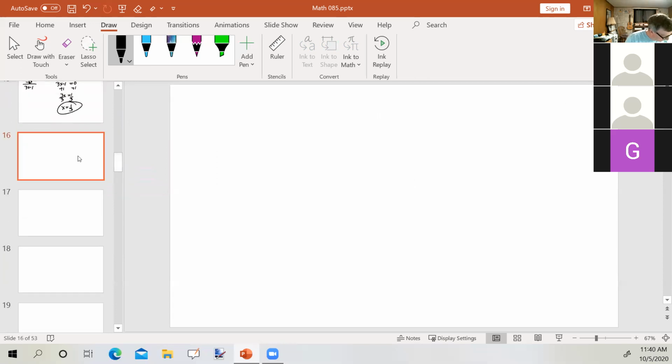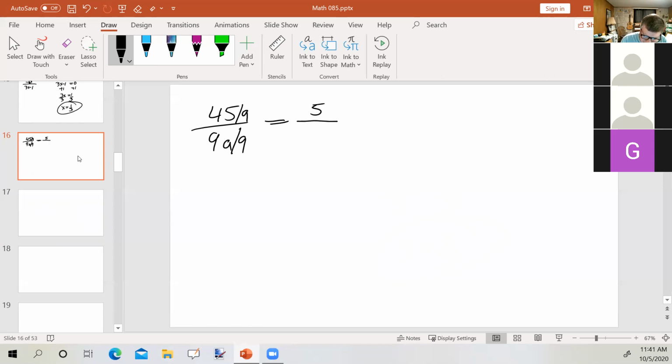Now, simplify the following expression. 45 over 9a. Can we do anything to simplify that? Yes, take out 9 or divide. Okay. What's 45 divided by 9? Is it 5, isn't it? Okay.